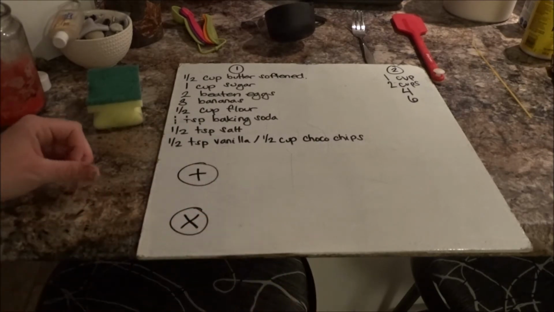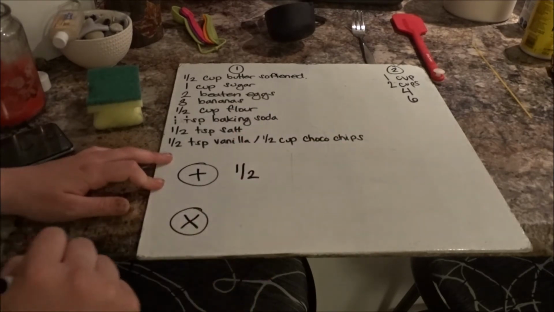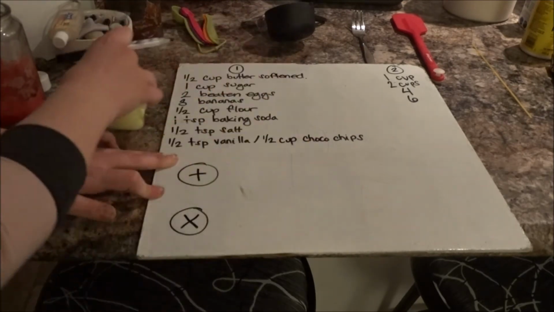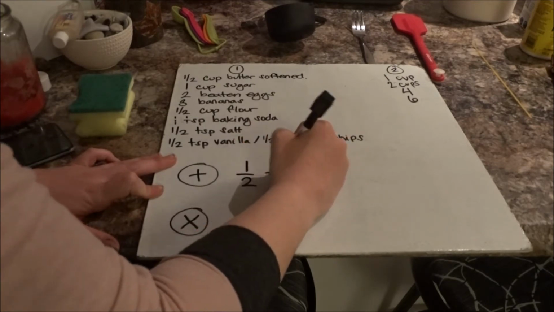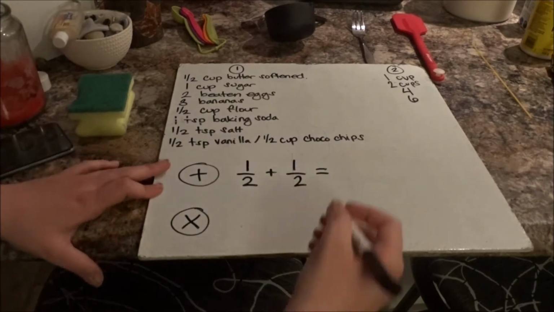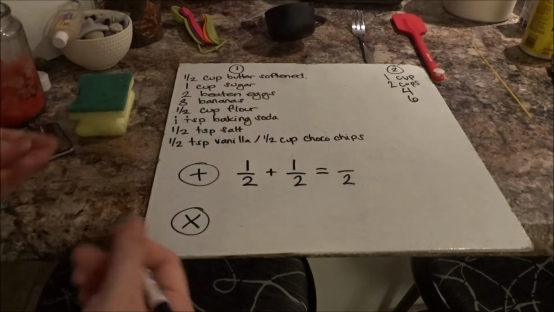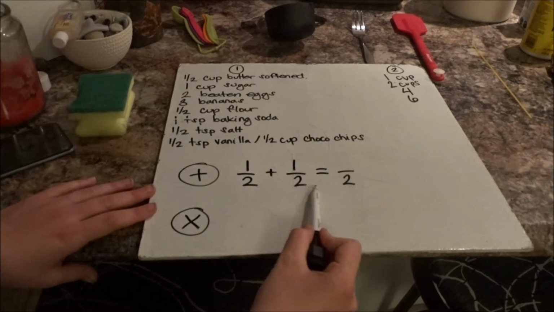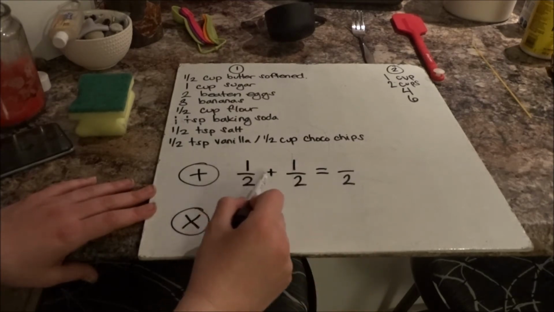So let's continue. We know we need half a cup of flour. So half, actually I'm just going to rewrite this so it's a little bit nicer to read. So half plus half. Well, we know that we carry the bottom one, or maybe you don't know, but when you're doing fractions, when you're adding, the bottom denominator stays the same, and you just add the top ones as if you were adding normally.